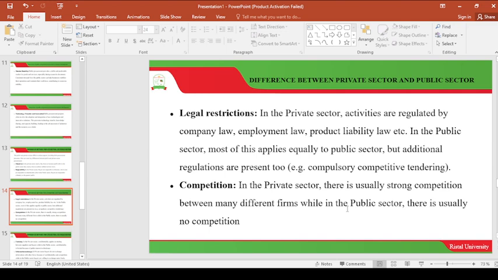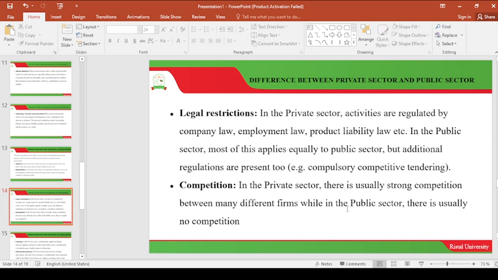Then legal restrictions. In the private sector, activities are regulated by company law, employment law, and product liability laws. But in the public sector, most of these laws apply equally, but additional regulations are present too, e.g., compulsory competitive tendering. So in the public sector, they will recommend competitive tendering when you are sourcing for a supplier.